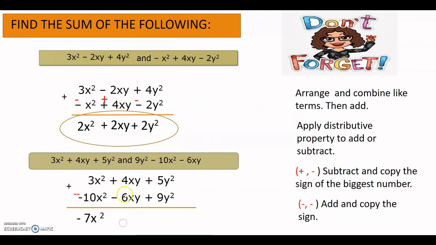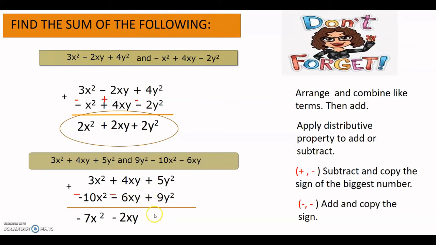Second term, we have positive 4xy plus negative 6xy. Here, negative times positive, still negative. And this is unlike signs, positive and negative, so subtract and copy the sign of the biggest number. Since negative 6 is bigger than 4, our answer here is negative 2xy.